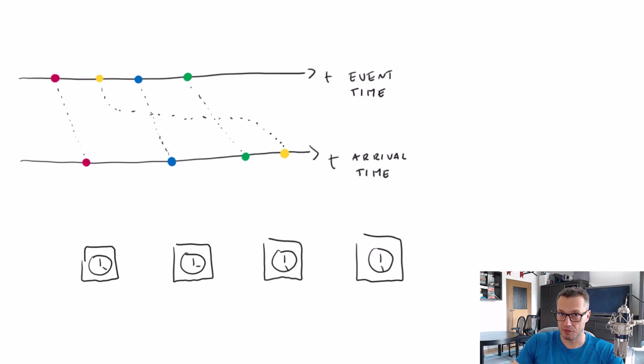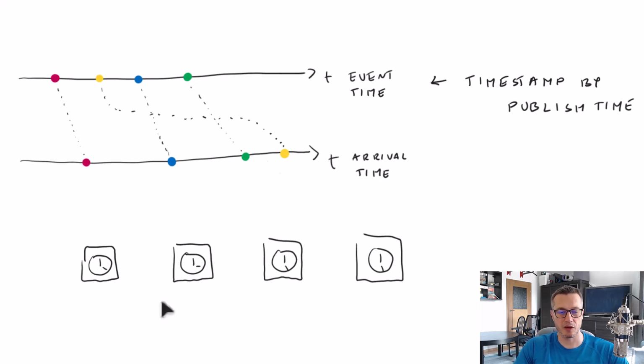But if you have to include the event time, then you would have to modify your queries to explicitly tell Stream Analytics which property, which field contains the event time. And to do this, you would modify your queries and include TIMESTAMP BY. So TIMESTAMP BY, for example, in my case, would be publish time, because that's how my column was called, I believe.